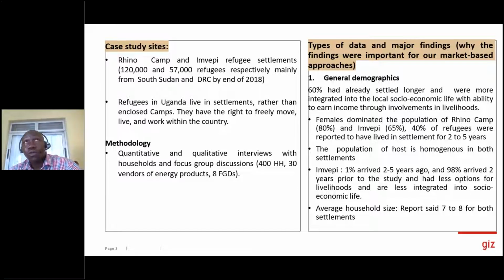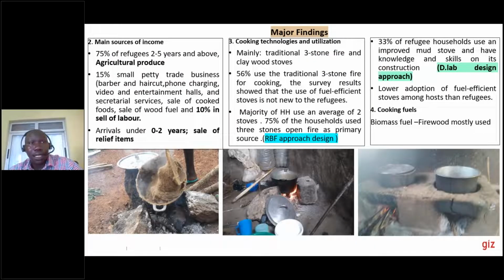The research indicated that many of those refugees who had stayed beyond 2 to 5 years had their source of income through sale of agricultural produce.